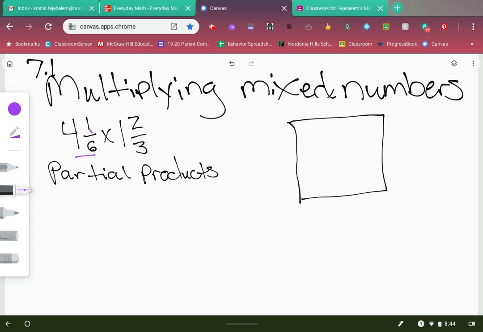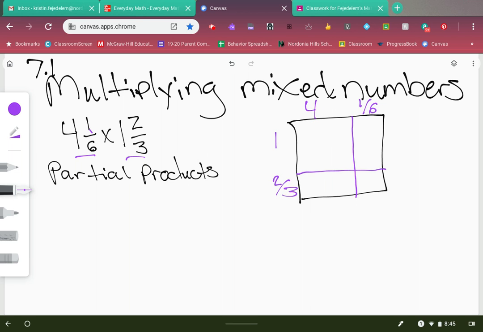So 4 1/6, let's break that up, our whole number of 4, and then draw our line and our fraction of 1/6. Okay, then for our width, we have 2 numbers also. We have 1 and 2/3. And again, the reason I'm drawing it bigger for the whole number is because obviously a whole number is bigger.